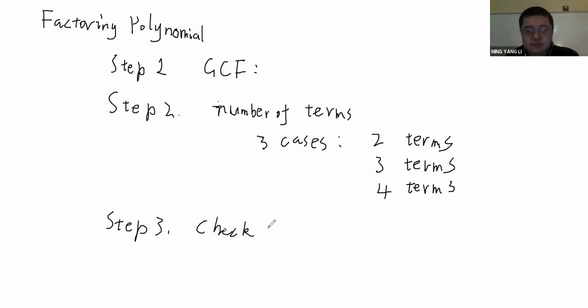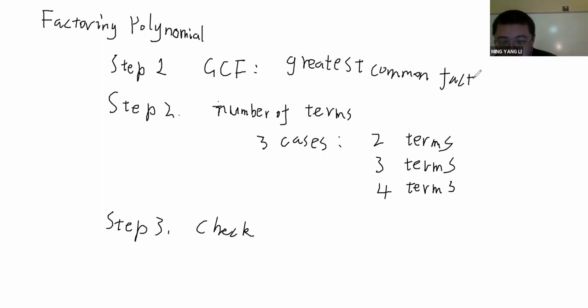So the first step is to find the greatest common factor. To find the greatest common factor, what we really need to do is check the factors for the terms one by one.